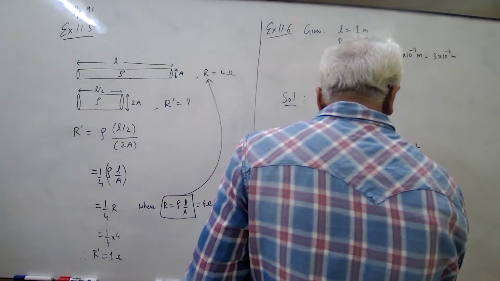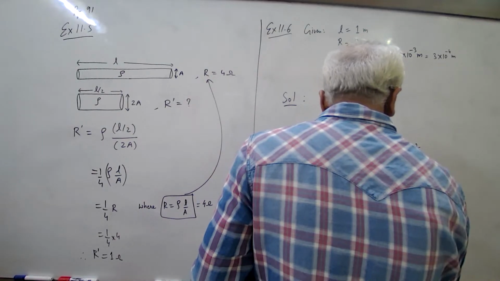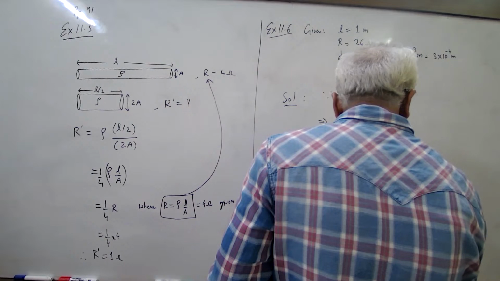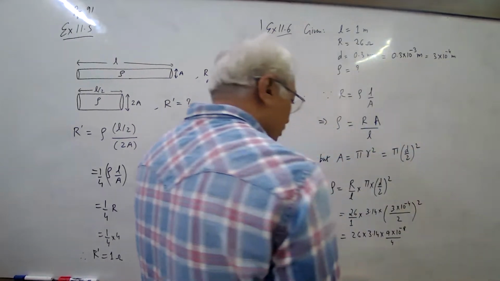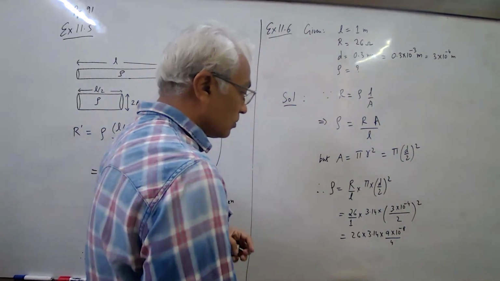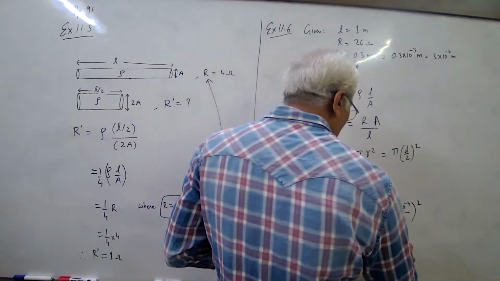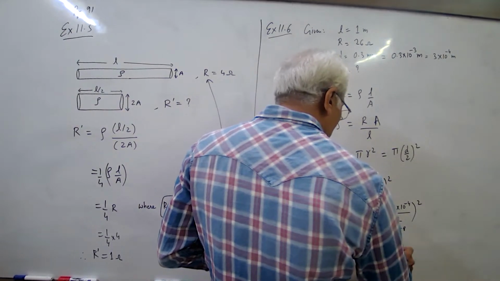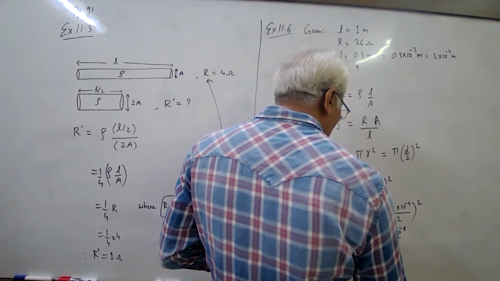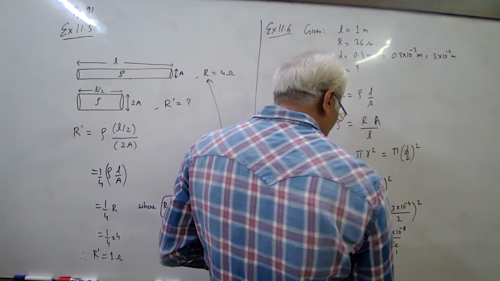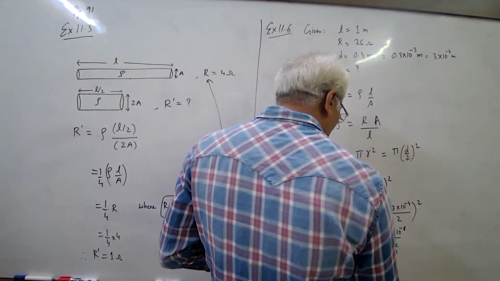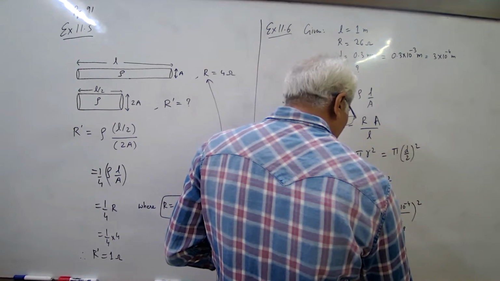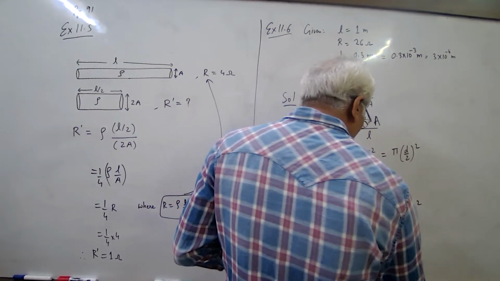This is 26 divided by 4. So now you multiply and solve. So this is the calculation.